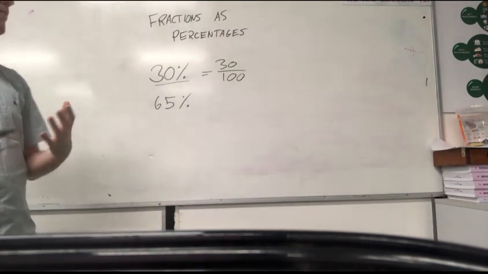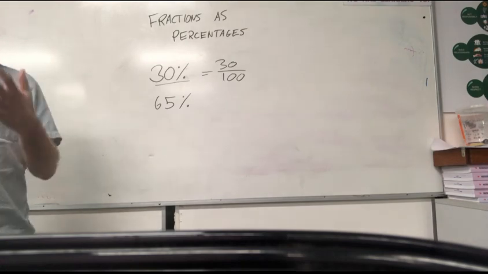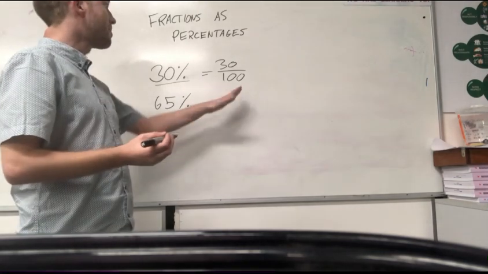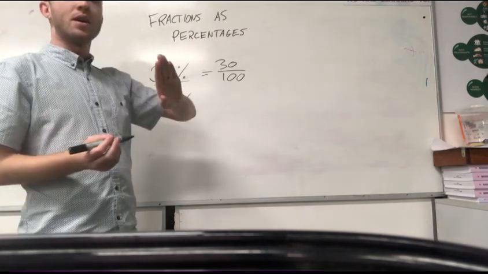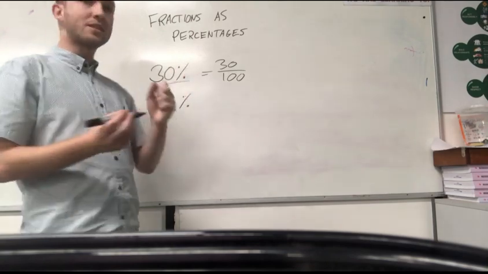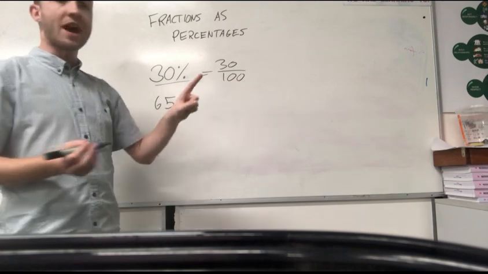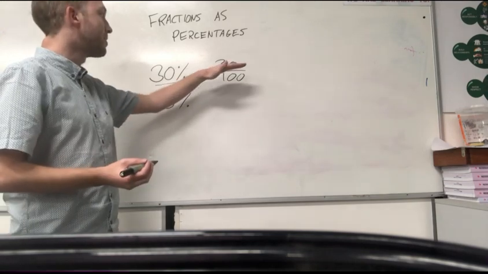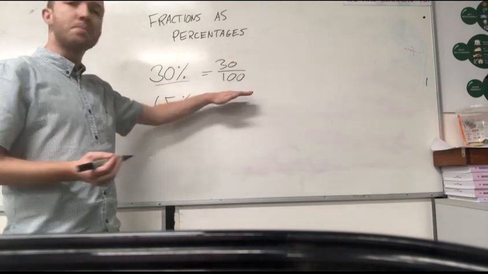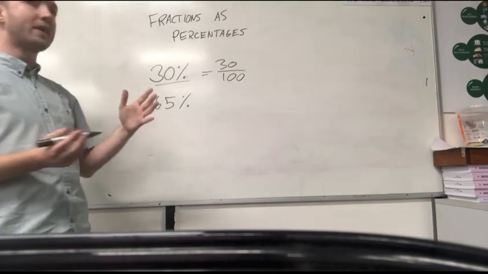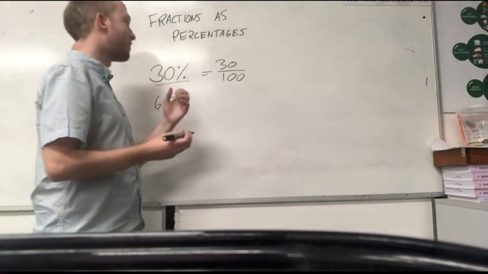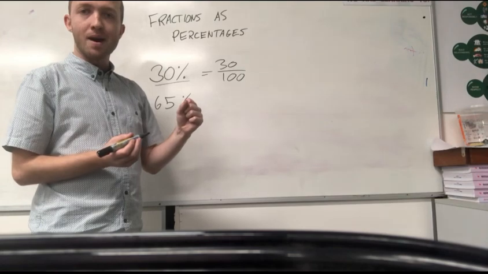You might remember from last week that we did some simplifying fractions. Looking at my numbers on the board, I can see that there are some common factors that both 30 and 100 have in common. I can divide them both by 2, I can divide them both by 5, but most importantly and most highly, I can divide both of them by 10.